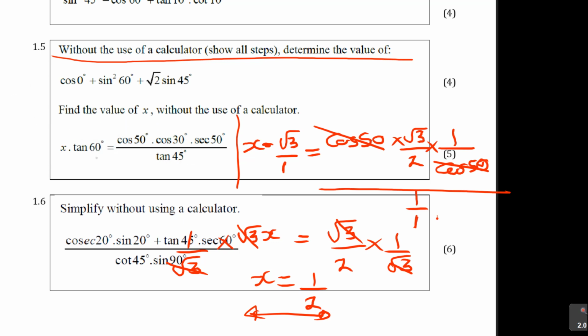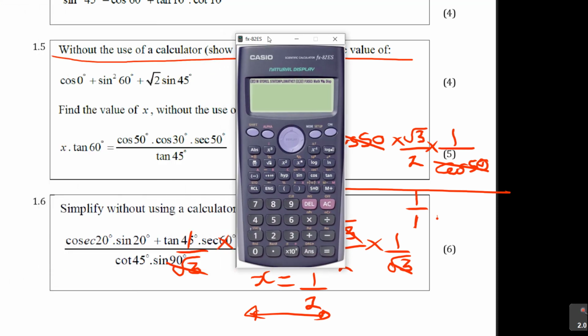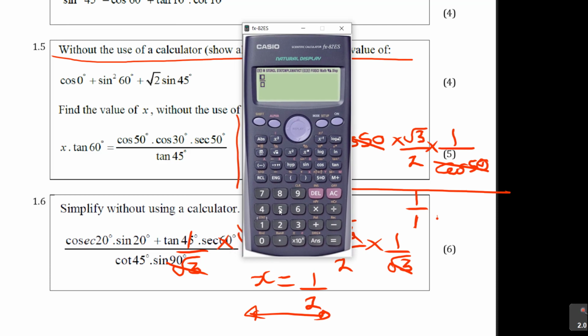You test it. Let's test the right hand side and see what it gives you. So on the right hand side, cos 50 times cos 30, alright, and then I say times sec.